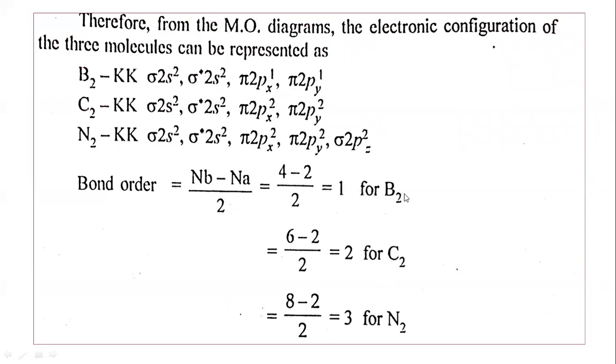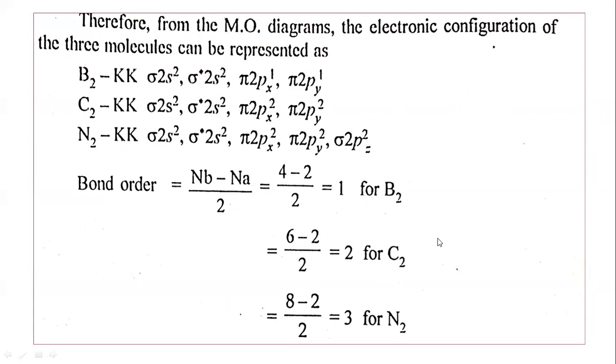Bond order is 1. And that bond may be a pi bond because the electrons are present in the pi bonding molecular orbital. Similarly for carbon and similarly for nitrogen.